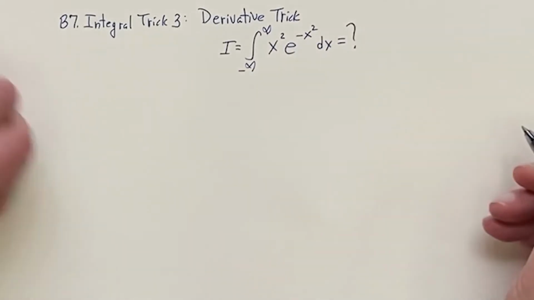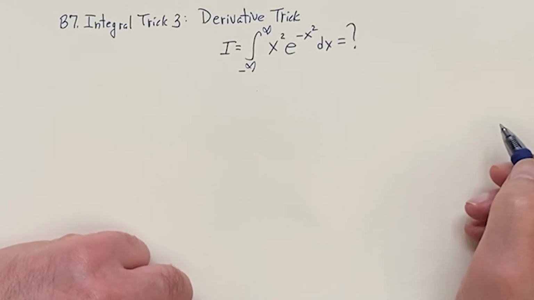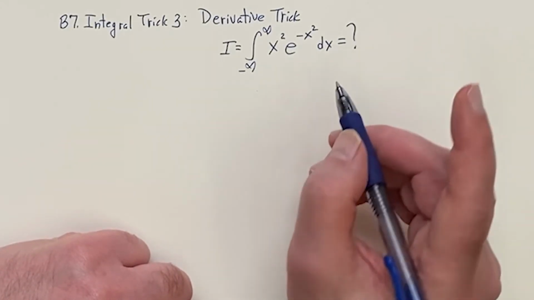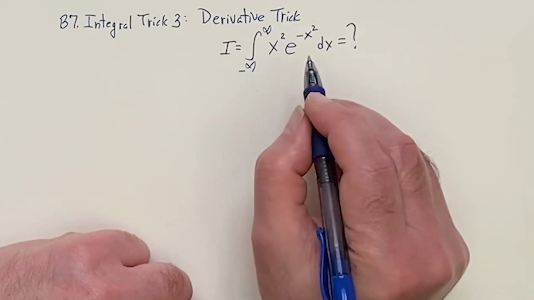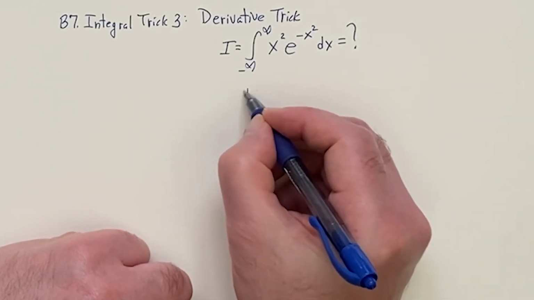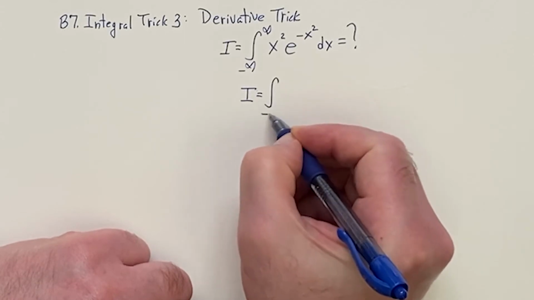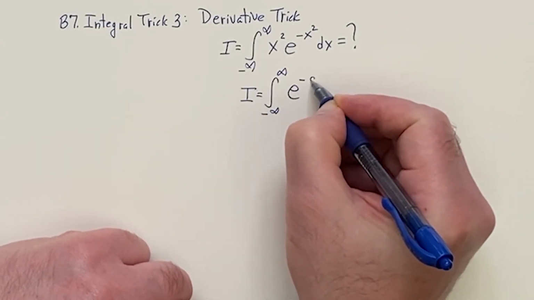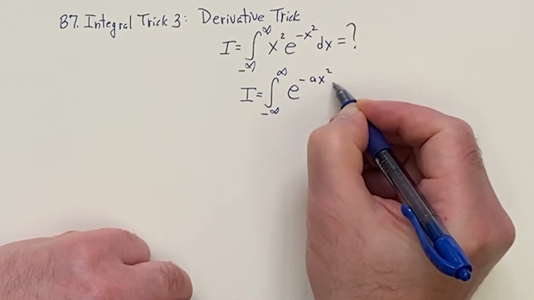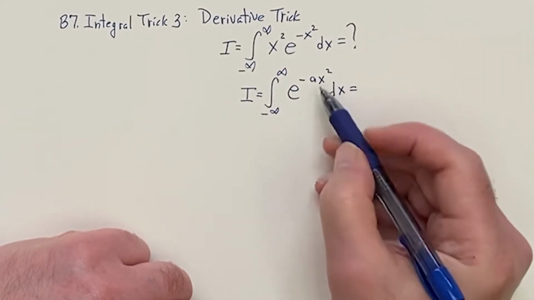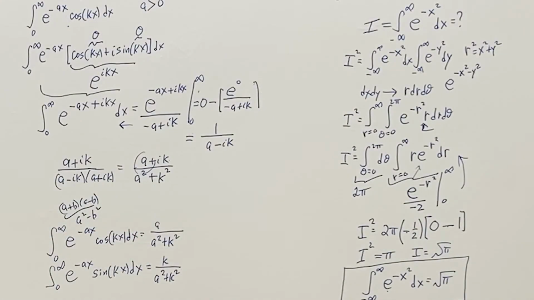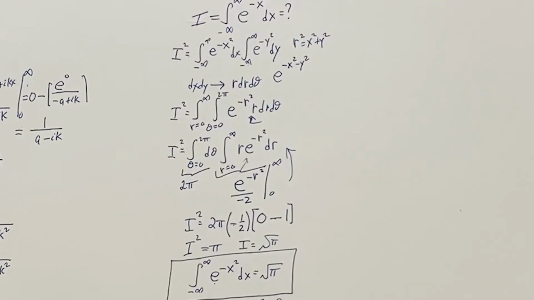Like, what is that, man? The trick is to put in a parameter. In other words, let's consider from minus infinity to plus infinity, e to the minus a x squared dx. Now, if I did this over again, what would happen? All right, let's look at this.